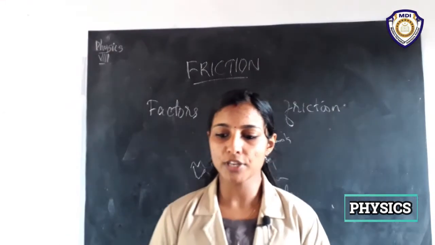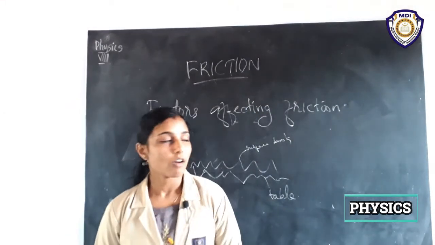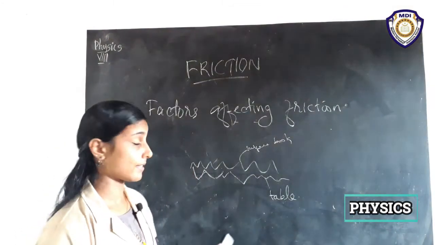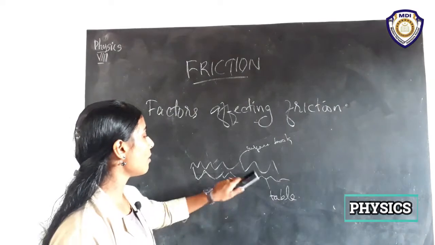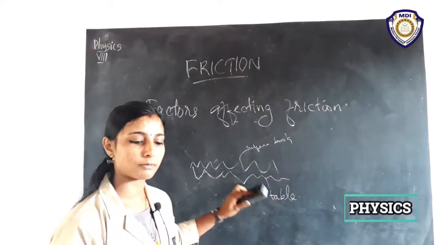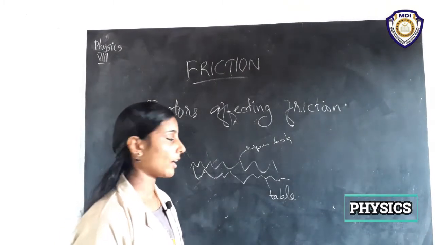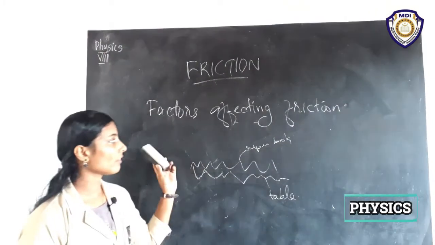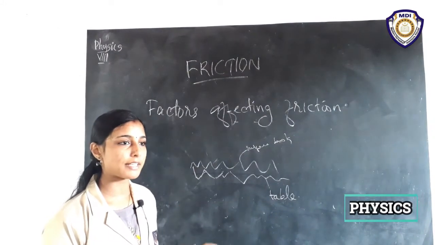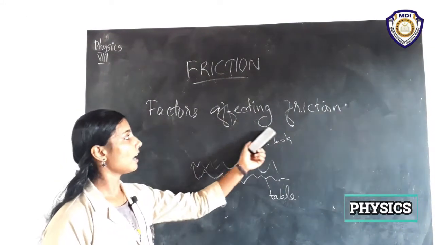So the force of friction is greater in the case of a rough surface. That means a rough surface has more irregularities, and a smooth surface has fewer irregularities. So what are the factors? The smoothness of the surface affects the friction.